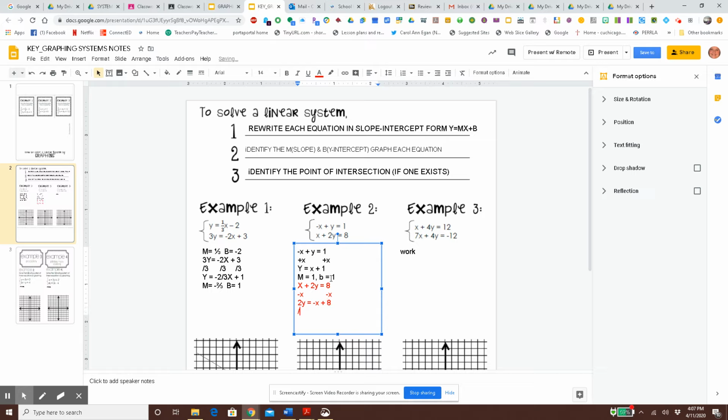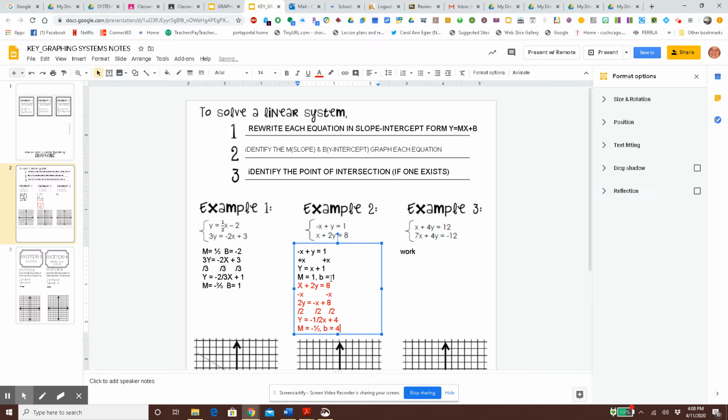I'm going to divide everything by 2. And I get y equals negative 1/2 x plus 4, making its m equal to negative 1/2, and its b equal to 4.